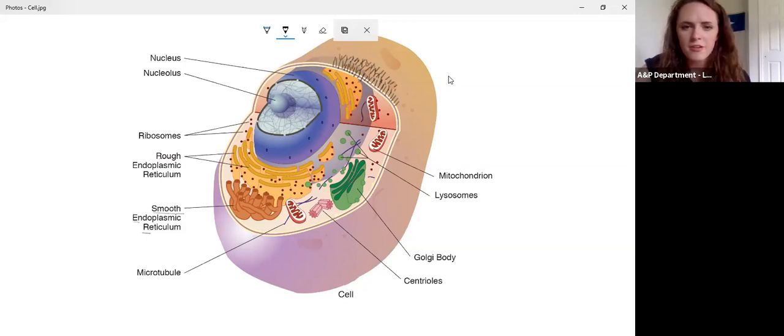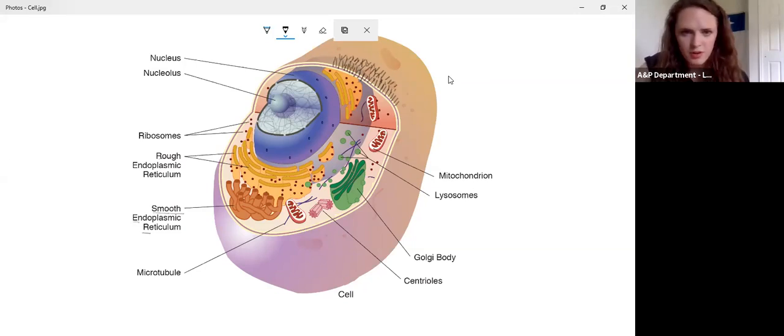Okay, but you're going to make fats, you're going to make steroids, you're going to make glycogen, all of that happens in your smooth endoplasmic reticulum. Okay, so if you get a question that asks if smooth endoplasmic reticulum makes proteins, the answer is no, because it does not have ribosomes, the site of protein synthesis. Okay, but it makes almost everything else.